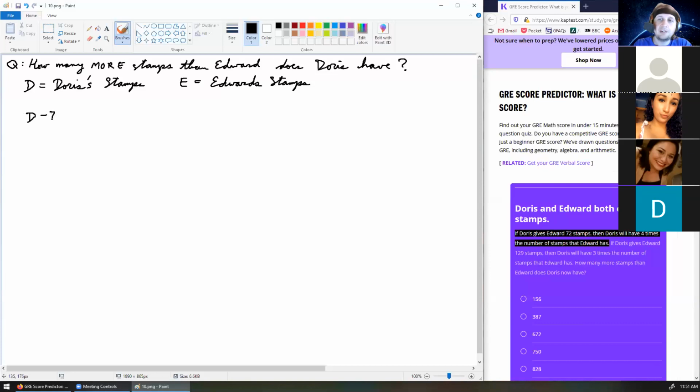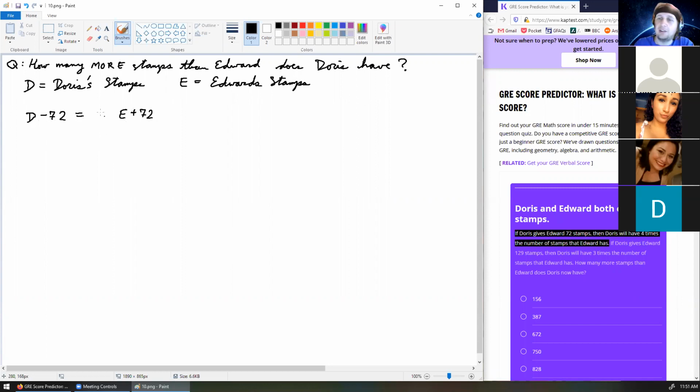If we take 72 of Doris's stamps and give them to Edward's, then what does the relationship equal? It's saying if we do that, then Doris will have 4 times more.